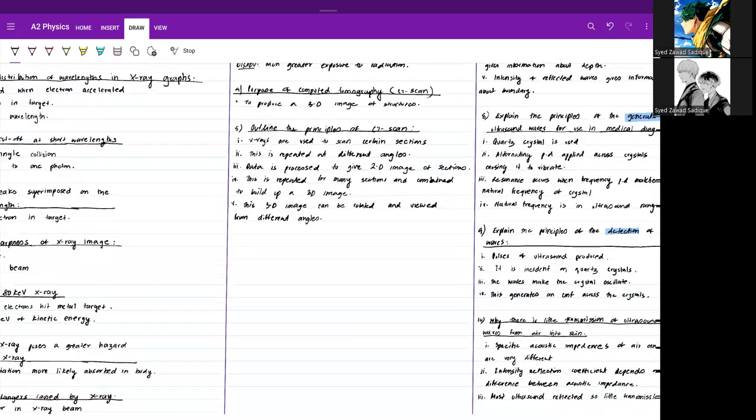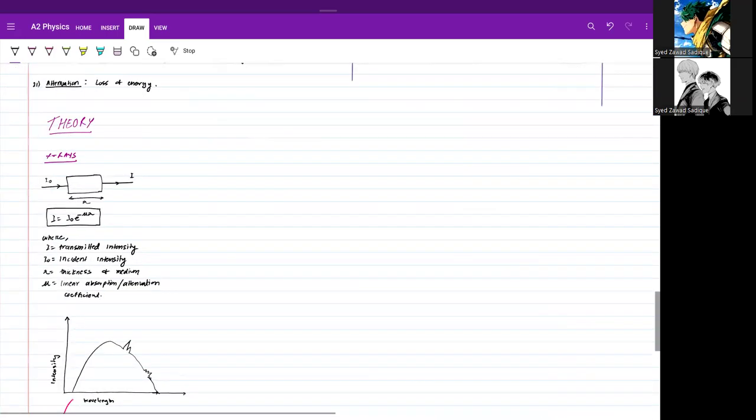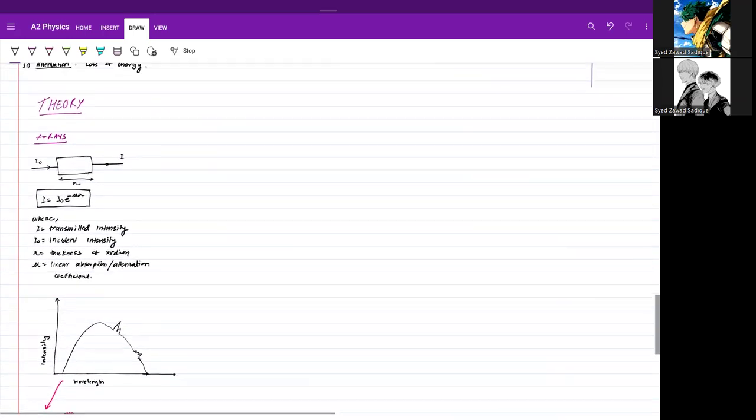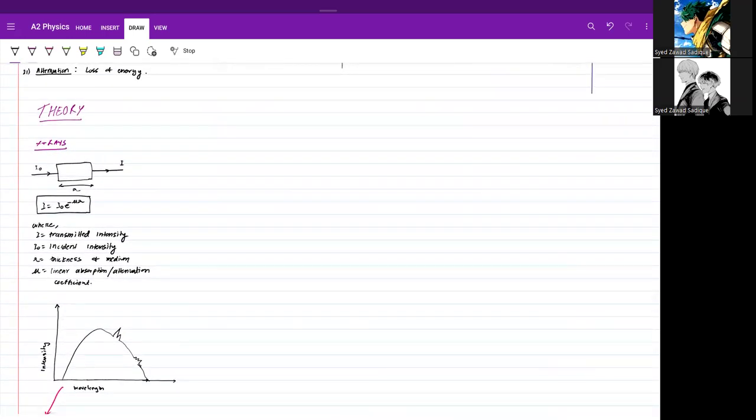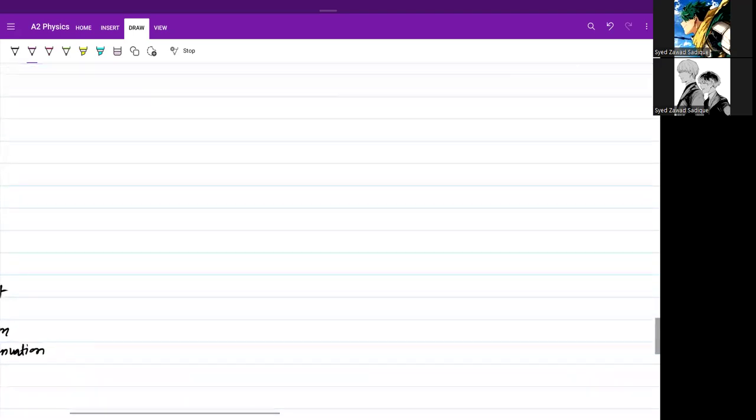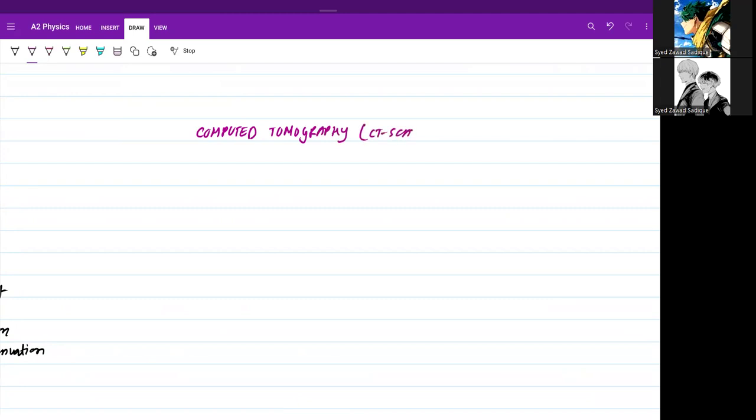The math for CT scan is also very easy. Let me show you guys, CT scan. Actually no, let's write the full thing: computed tomography. That looks better, right? CT scan.